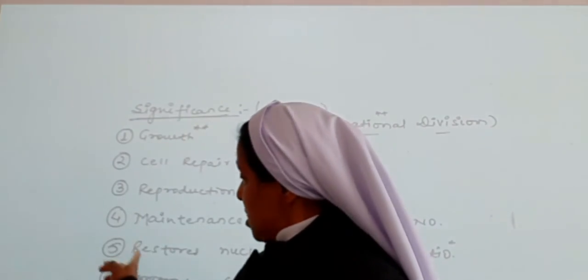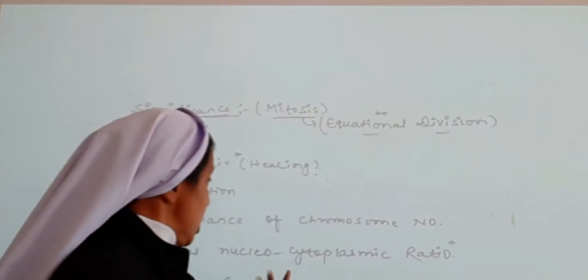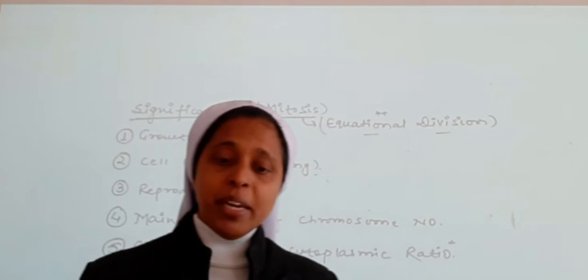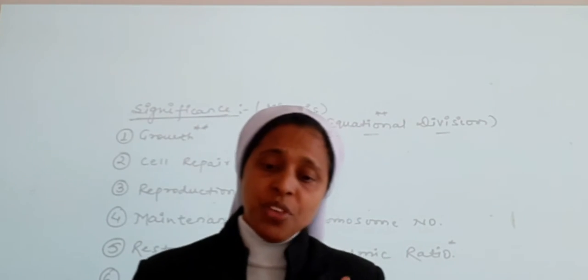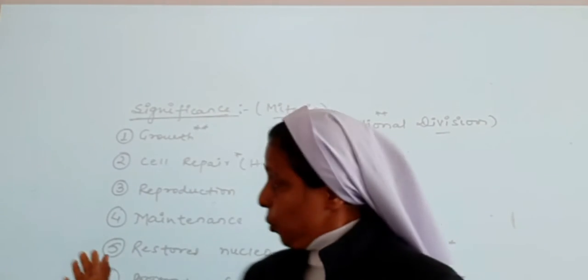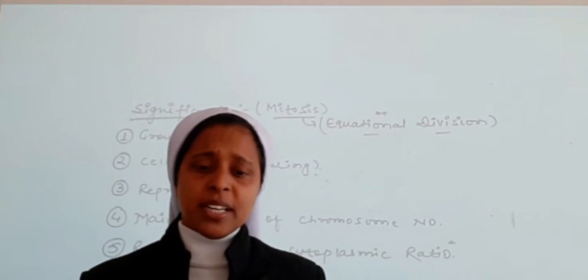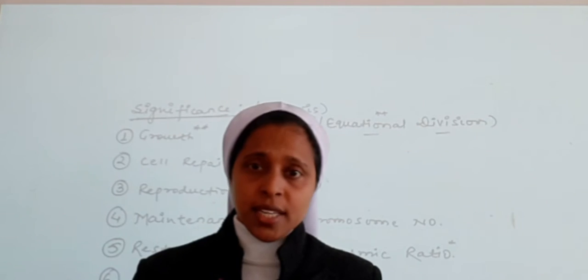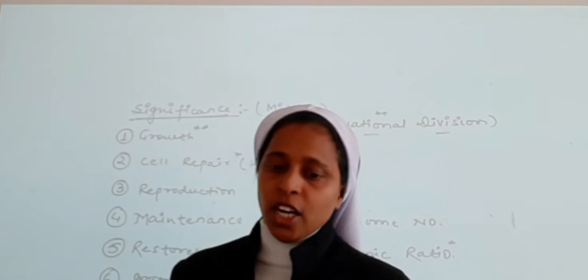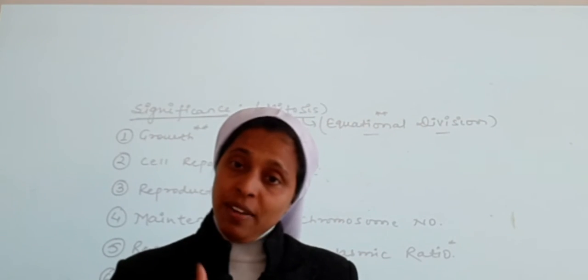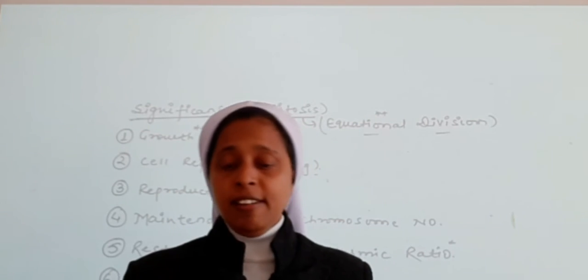The next important significance is that it restores the nucleocytoplasmic ratio. So any of the efficient cells में ये जो nucleocytoplasmic ratio है, it will be more. Cytoplasmic ratio. तो what will happen? Size will be increased here.